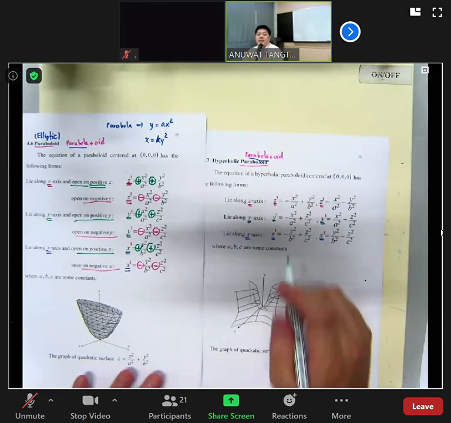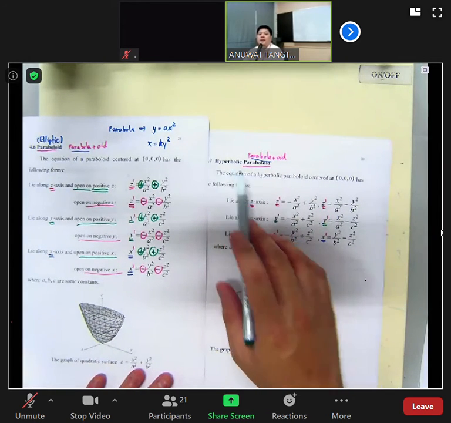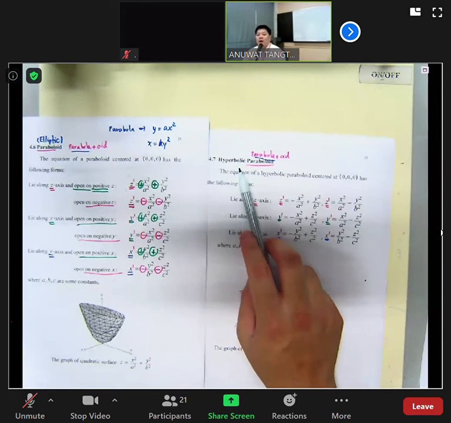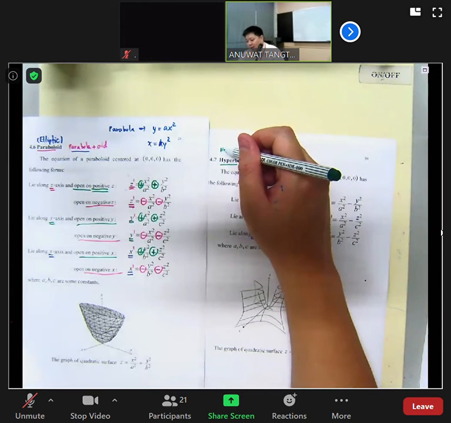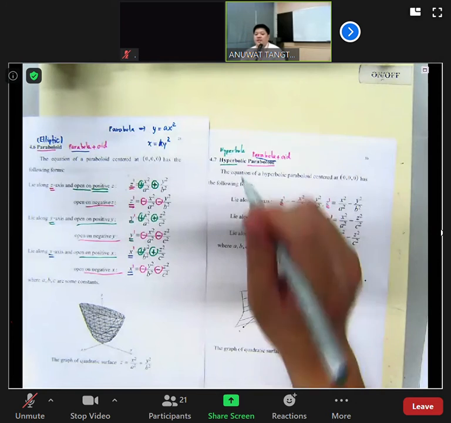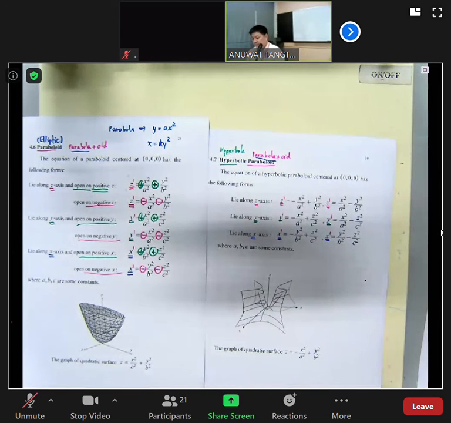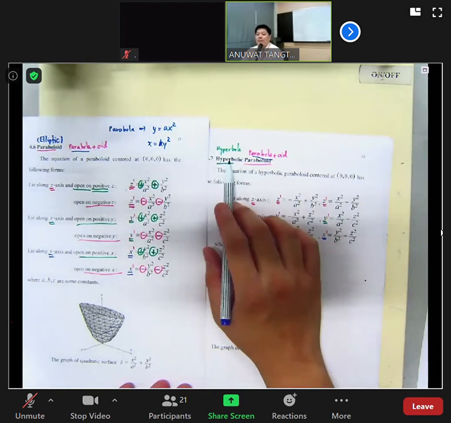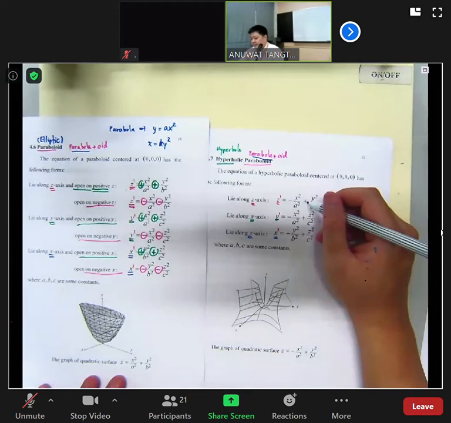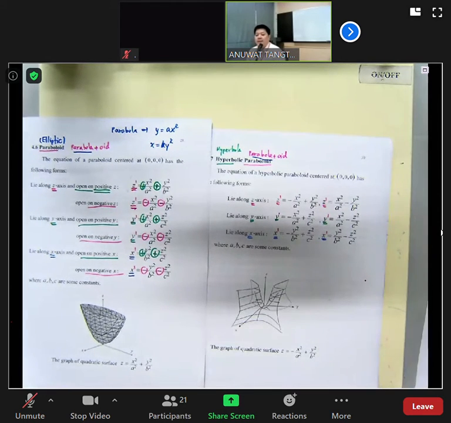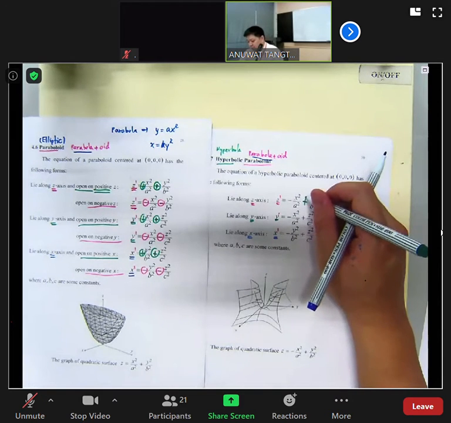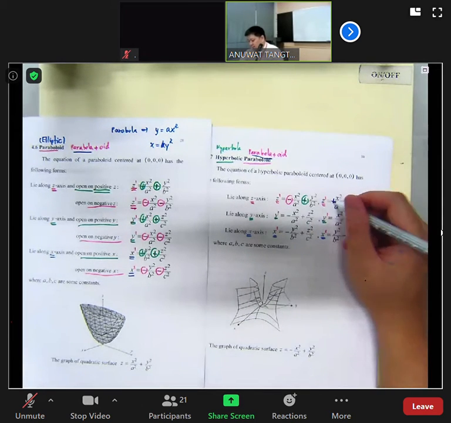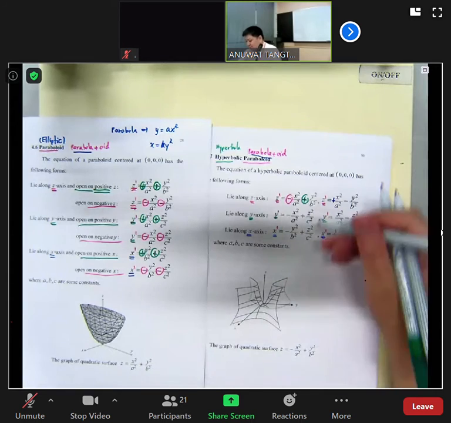But for the equation of a hyperbolic paraboloid, the right-hand side contains both x squared and y squared, but to be a hyperbolic paraboloid, it needs a hyperbola, right? A hyperbola equation should have one positive and one negative. That is why in the case of the hyperbolic paraboloid, the signs of these two terms come out to be different, namely one positive and one negative. Or it can be positive at x and negative at y.